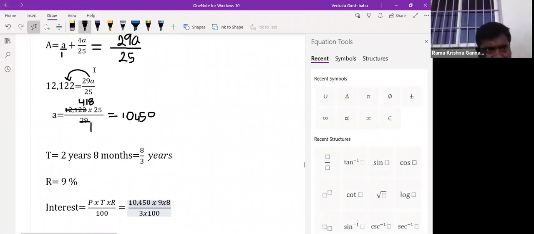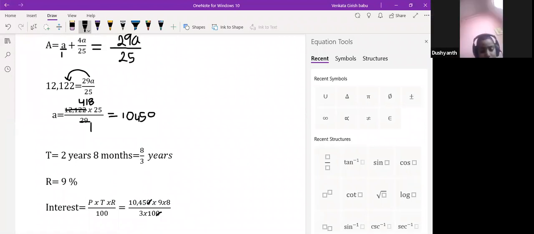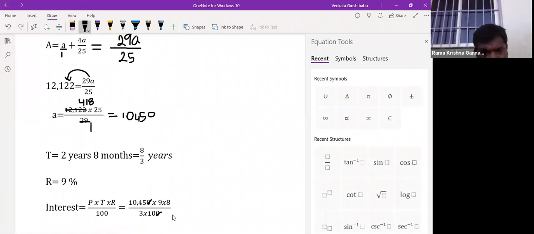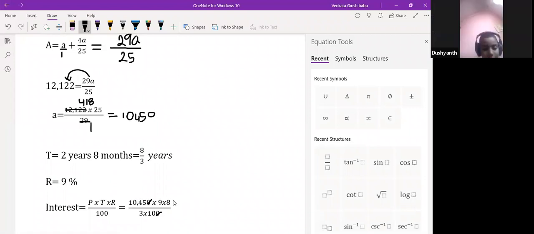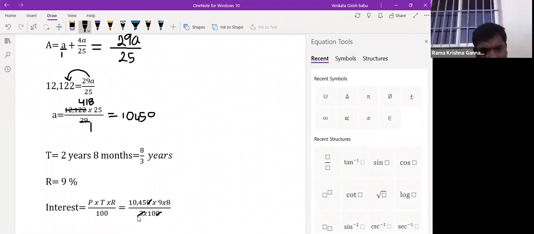Now cancel one 0 here and one 0 here. 2 fours, 2 fives, and 3 is so cancel.